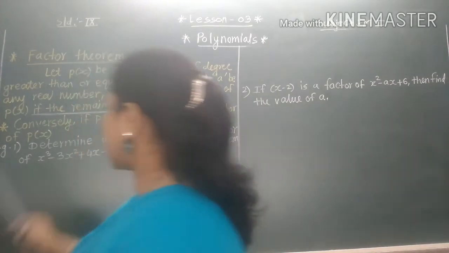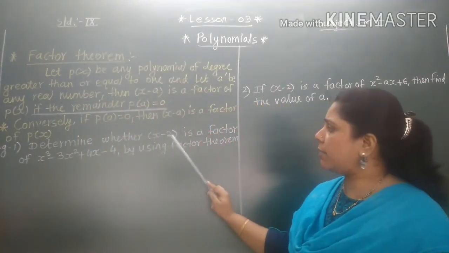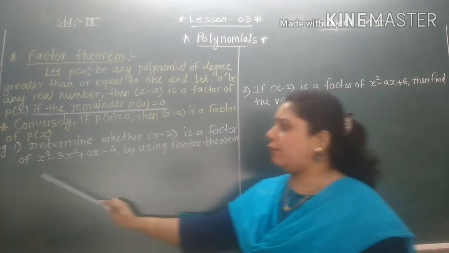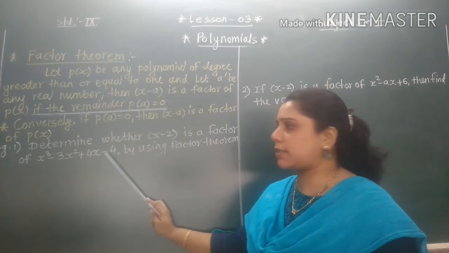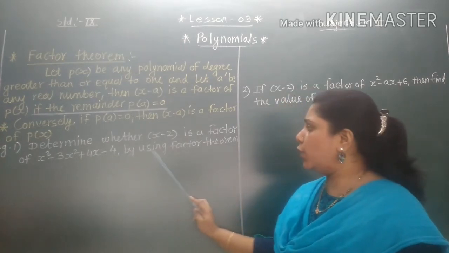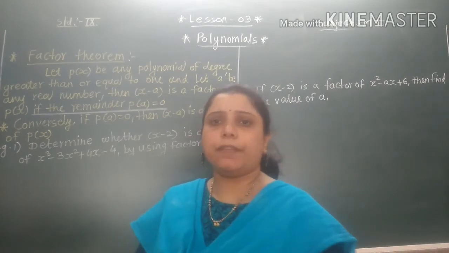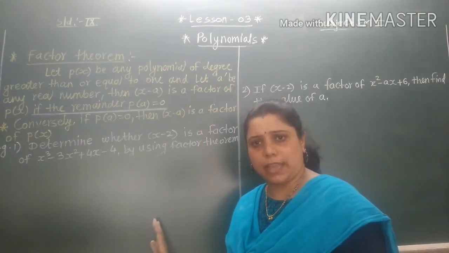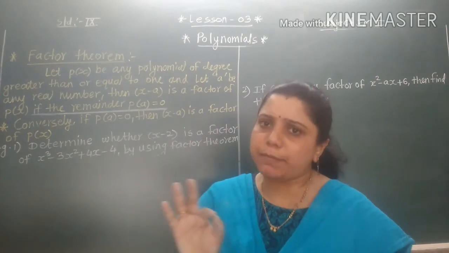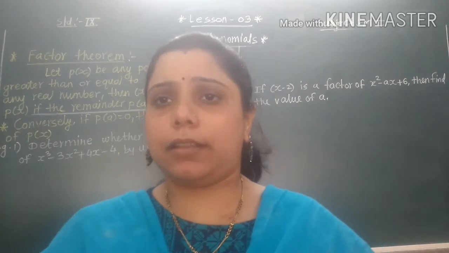The first example is: determine whether x minus 2 is a factor of x cubed minus 3x squared plus 4x minus 4 by using the factor theorem. When solving these examples, we follow the same steps which we used for the remainder theorem.